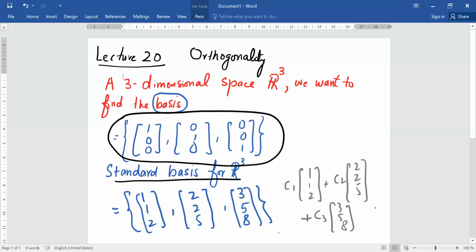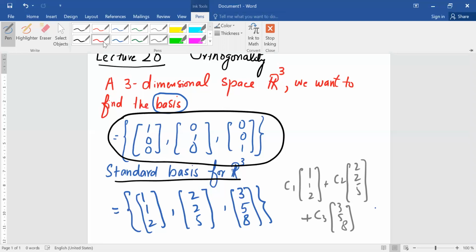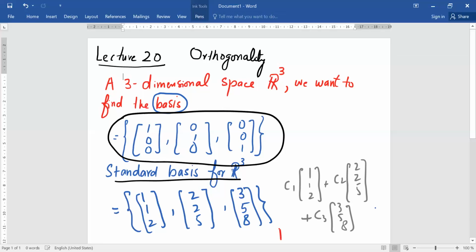So that one will also fill the whole R cube, because these are 3 in count, and at the same time these are independent.